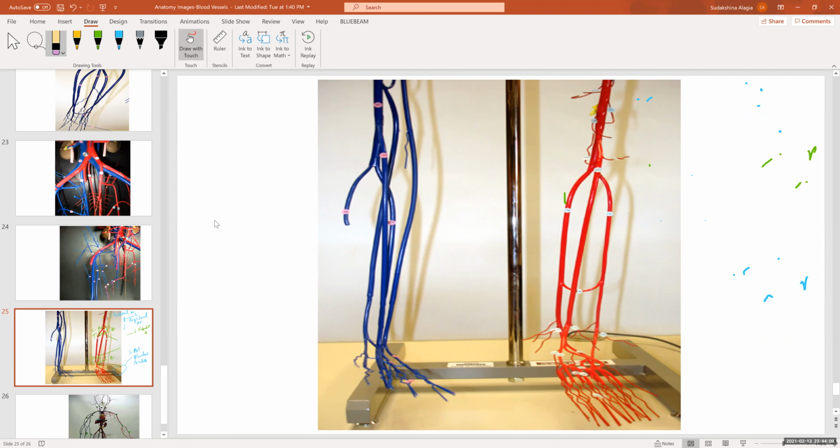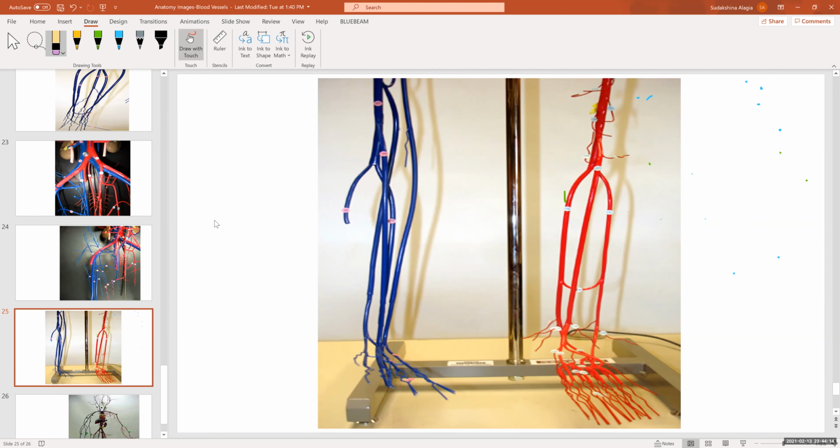Now let's go for the vein. On this Wehrmann model, you can see the deep as well as the superficial veins. Recall, the superficial veins have different names, saphenous. The deep veins have the same name as the arteries. So starting with this, which kind of sticks out right here.